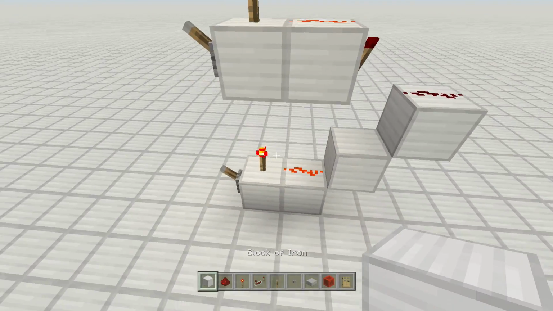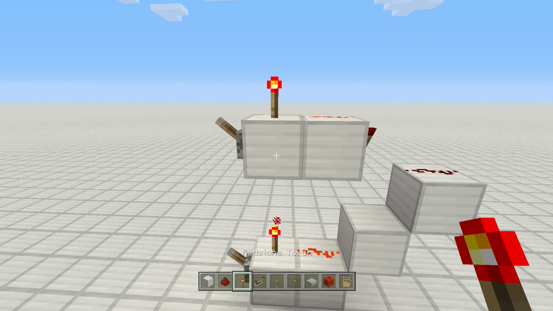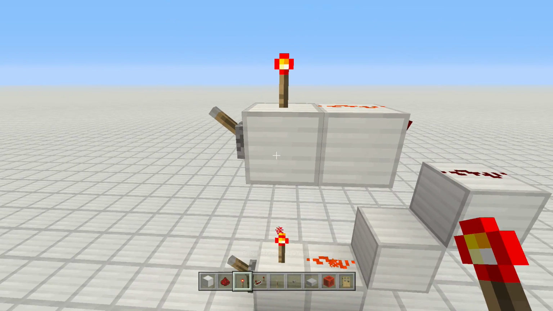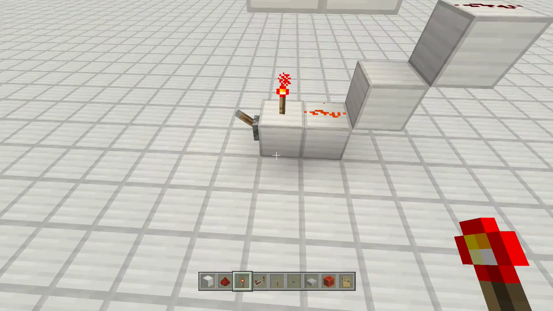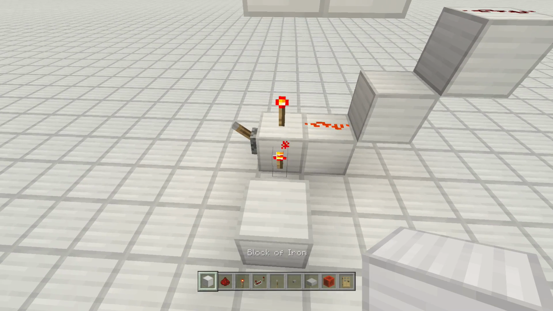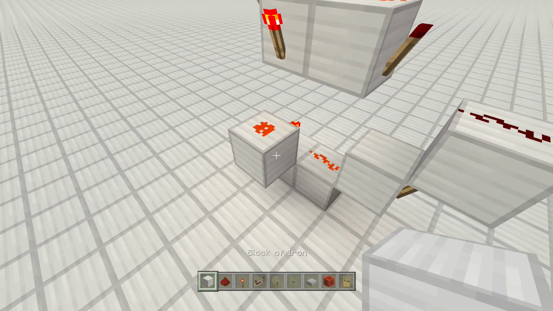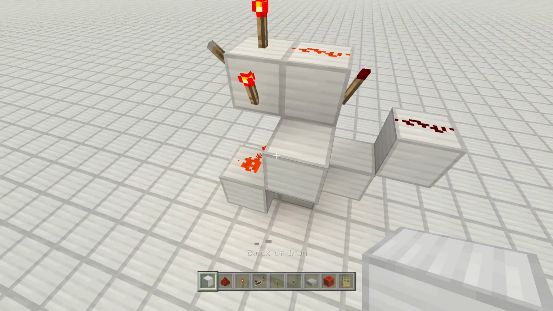And then you need the AND part. So the AND, you take it out from these inputs just by putting the torch on the side. You can put a block here, not there, there actually. Redstone here, and you need your AND.